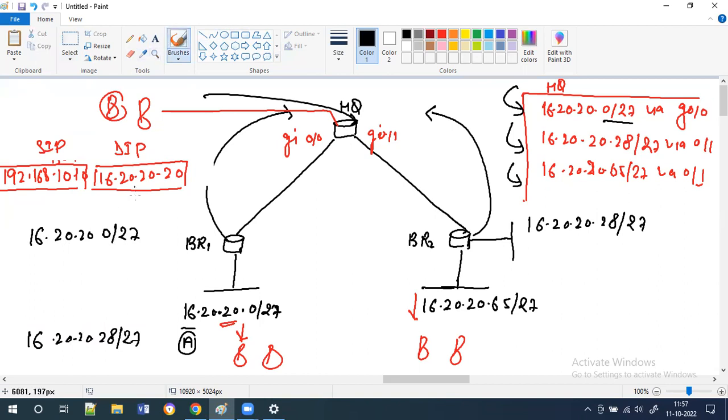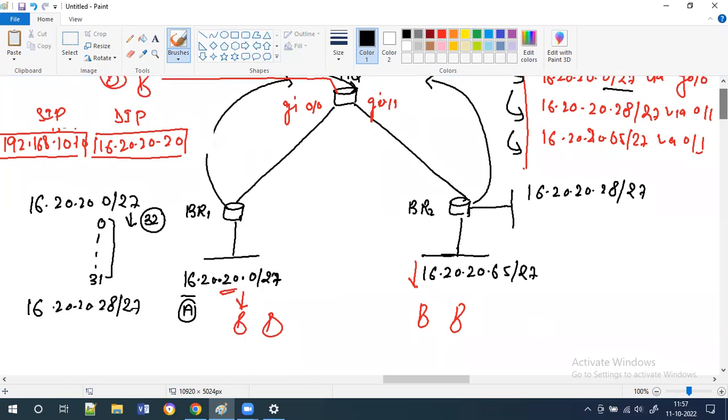In total, how many IP addresses do we have here? 32. It will start from 0 and go till 31. What about here? It will start from 0 and go till 31. Both are the same, right?